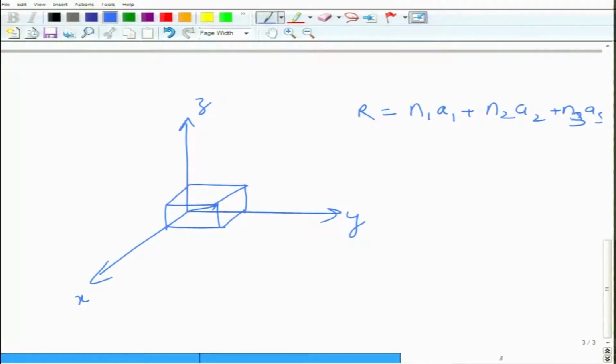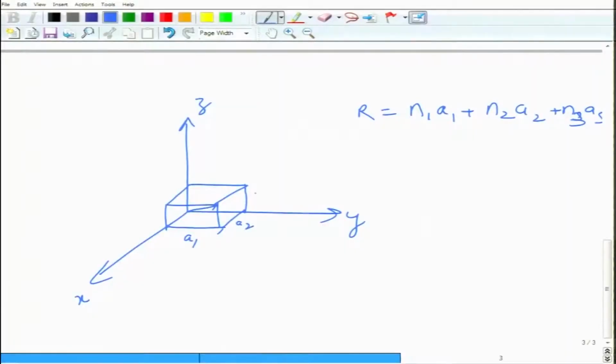So n1, n2, n3 are integers which determine the number of translational steps that you take along the a1, a2 and a3 axes. In this case, for example, this is a1, this is a2 and this is a3. So this vector r will be 1 of a1 plus 1 of a2 plus 1 of a3.